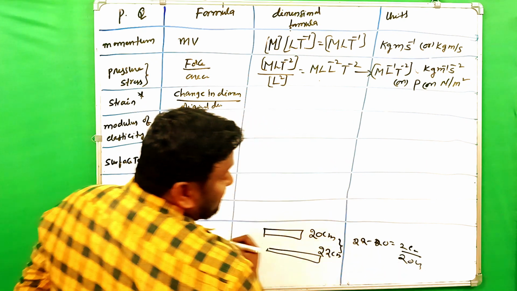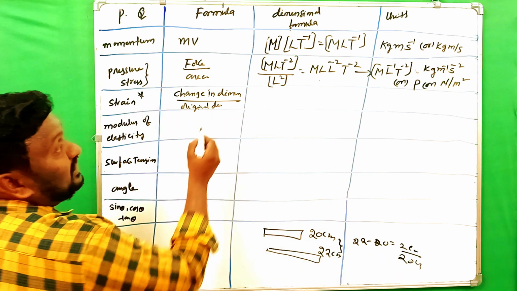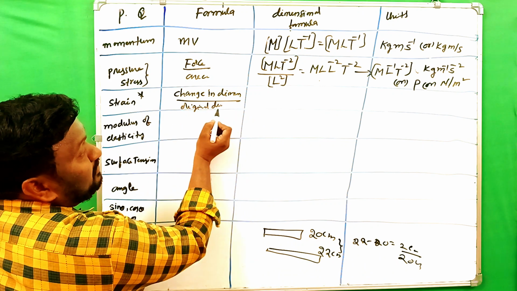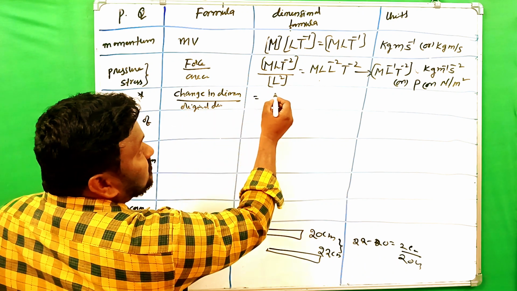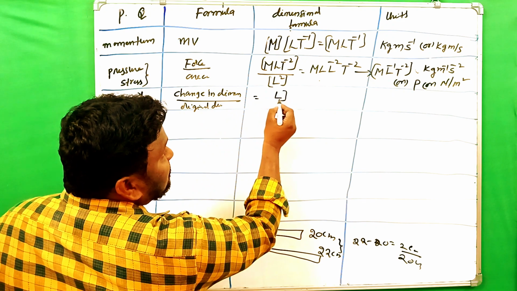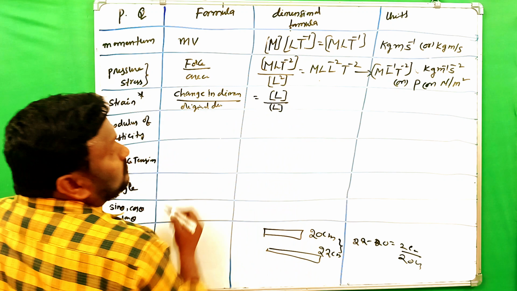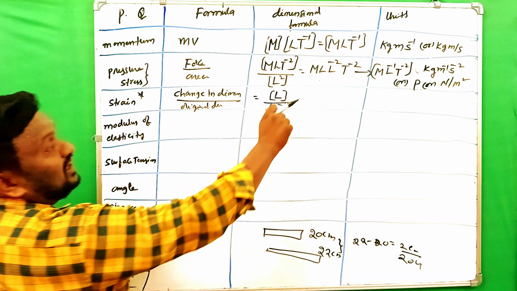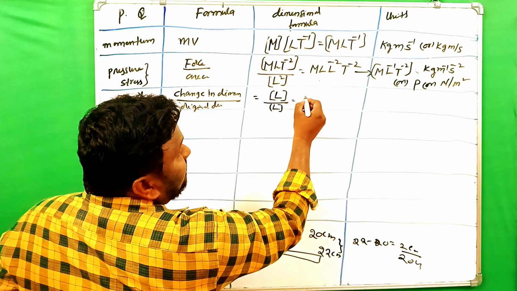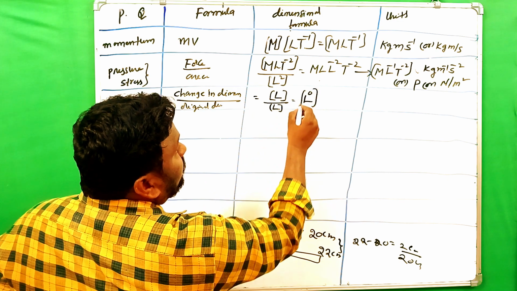20 centimeters, like that. So here, change in dimension by original dimension, since we took length, change in dimension is also length and original dimension is what? Length. So same physical quantity, so L by L we can write, then L to power of 0. Clear?